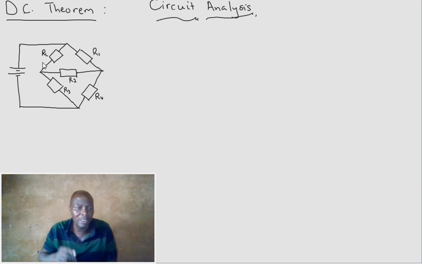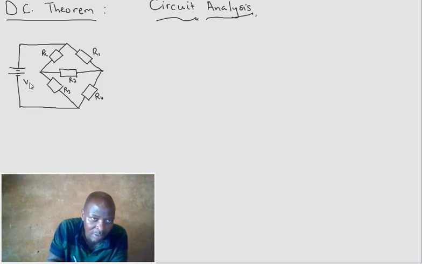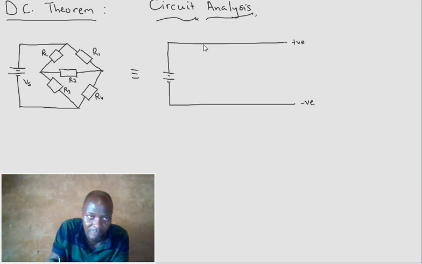Let's call our supply VS. This could be redrawn like this, where I put that straight and that straight, and this is my positive and that is my negative. It makes it easy if the run is straight down. There is my RL, my load.